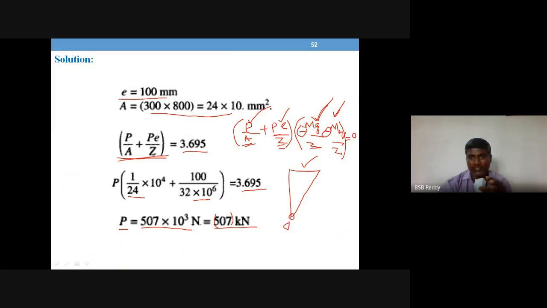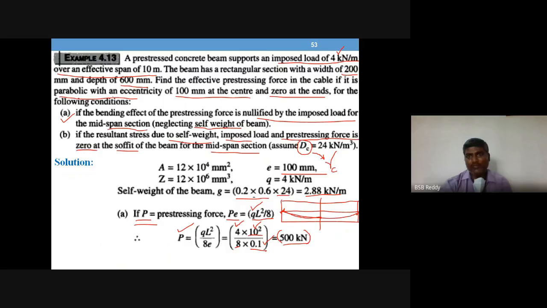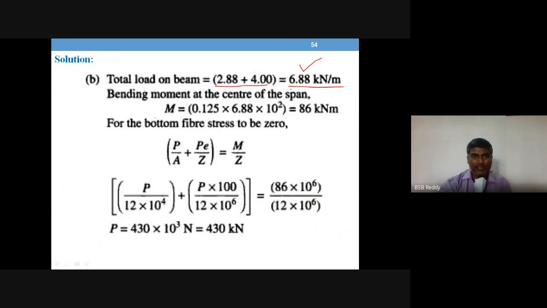Okay, because Z is the same. Okay, the sign is the same, that's why the loads are combined. Okay, so total load, like dead and live load, and moment WL square by 8 from this load. So total load into L square by 8 is nothing but 0.125, 86 kilonewton meter.